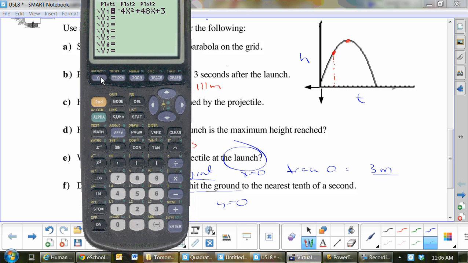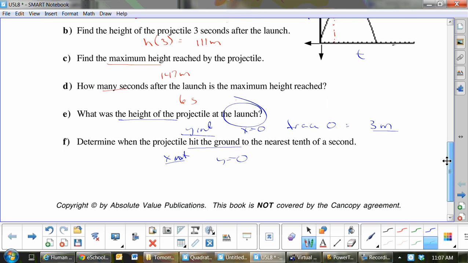So if you go to y2, make it equal 0, and then we're going to hit second trace, 5, and get your spider over there. Hit enter 3 times. 1, 2, 3. At 12 seconds, it hits the ground. 12.1 actually. That's to the nearest tenth.